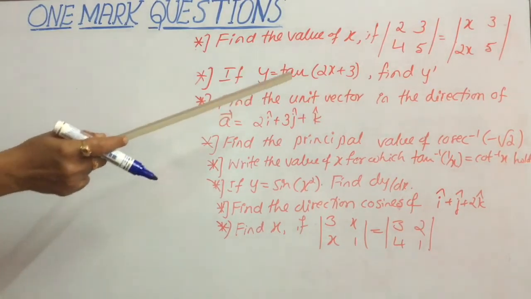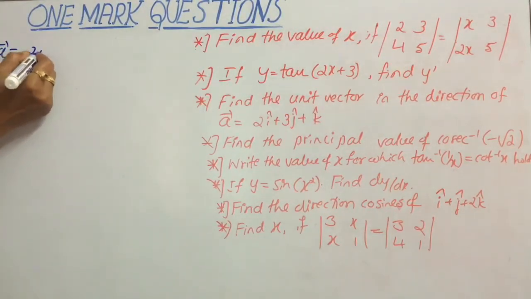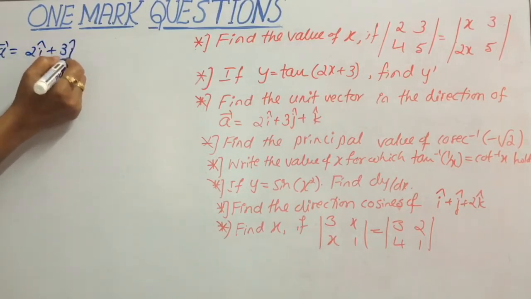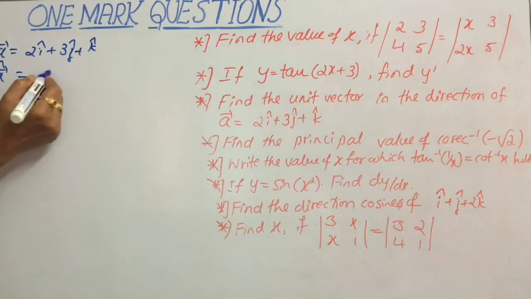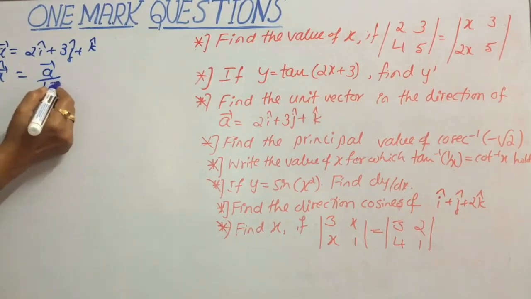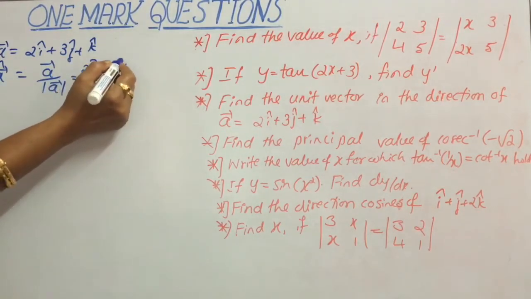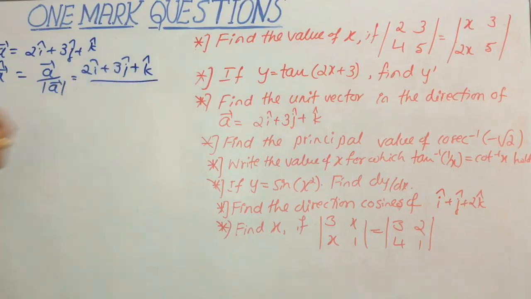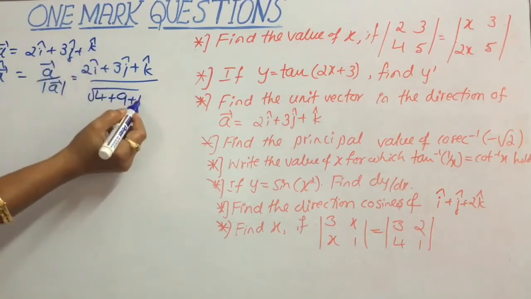Find the unit vector of vector A, that is 2i cap plus 3j cap plus k cap. Consider vector A, that is 2i cap plus 3j cap plus k cap. If we want the unit vector of this, denoted by a cap, it equals vector A divided by the magnitude of vector A. Vector A is 2i cap plus 3j cap plus k cap divided by its magnitude, that is 2 square, 4, plus 3 square, 9, plus 1 square, 1.